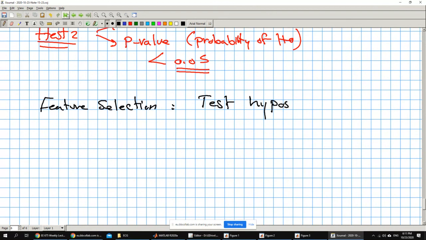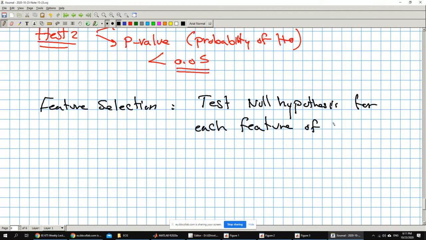Actually, people in statistics just call the t-test the null hypothesis, because it's very well known, for each feature of different cases, for different diseases.